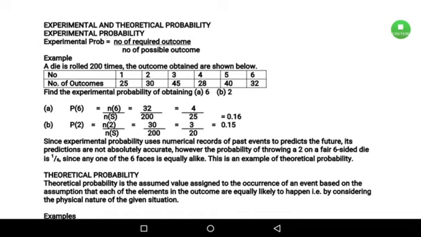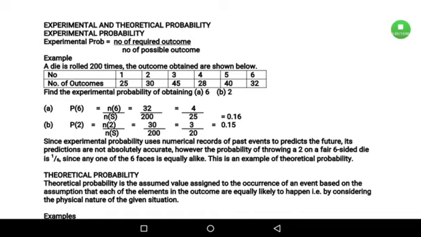First, we find the probability of the die showing a 6. How many times did it show a 6? It showed a 6 32 times out of 200. So the required outcome is the number of times 6 showed, which is 32.